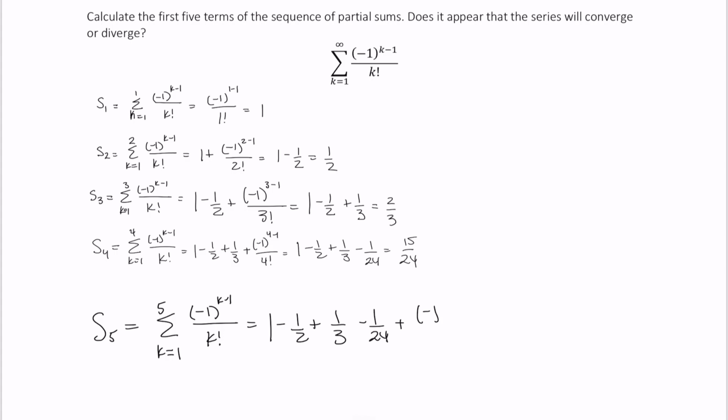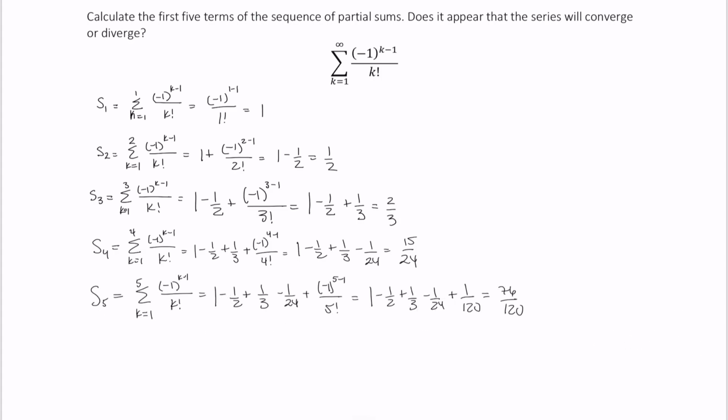Then to that, I'm going to add negative 1 to the 5 minus 1 power over 5 factorial. So this is 1 minus 1 half plus 1/3 minus 1 over 24 plus 1 over 120, which will be 76 over 120.